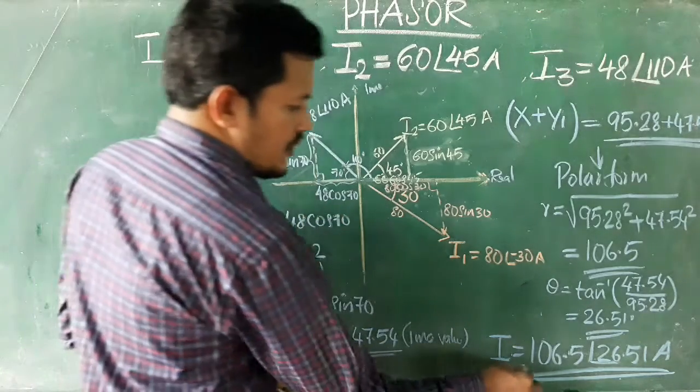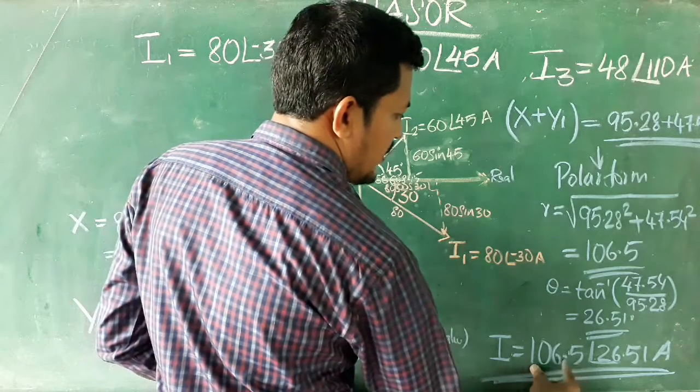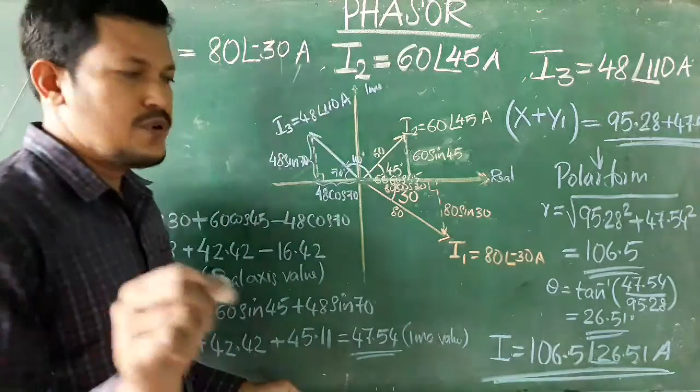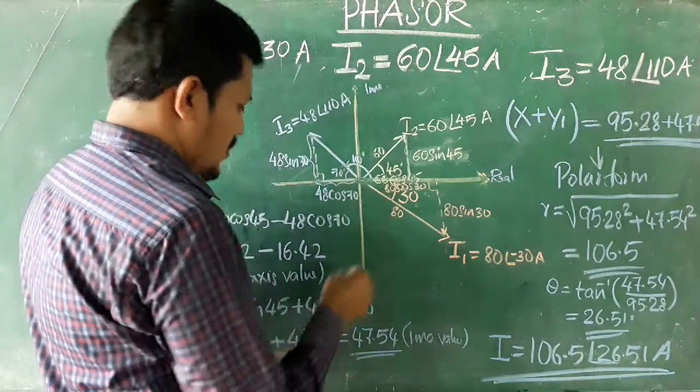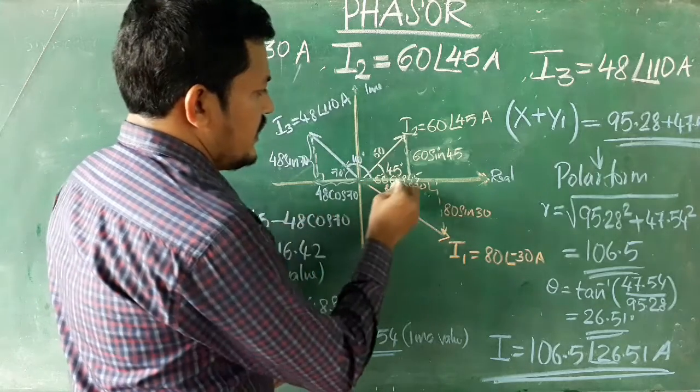So lastly, how to indicate this total current? The total current magnitude is 106.5 at an angle of 26.51. This is a positive angle, and a positive angle means it should be in the anti-clockwise direction.